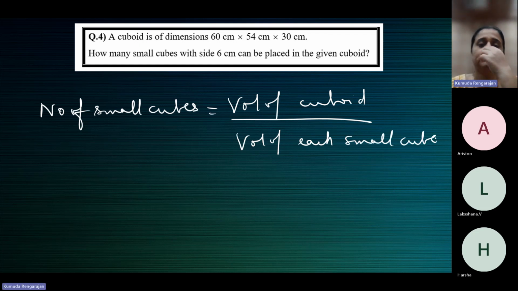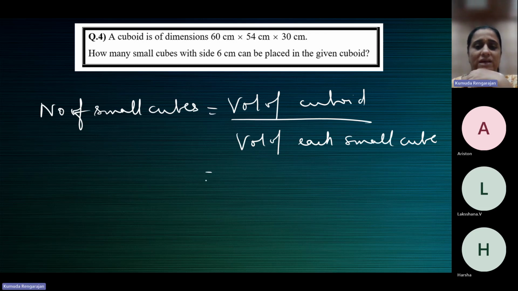See, there's a cuboid of dimensions 60, 54, 30. The question is how many small cubes of side 6 centimeters can be placed in the given cuboid. So the number of small cubes will be equal to the volume of the container, the cuboid, divided by the volume of each small cube.